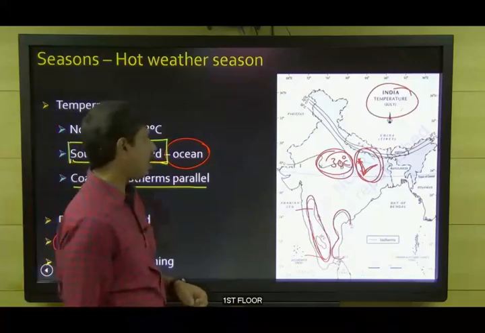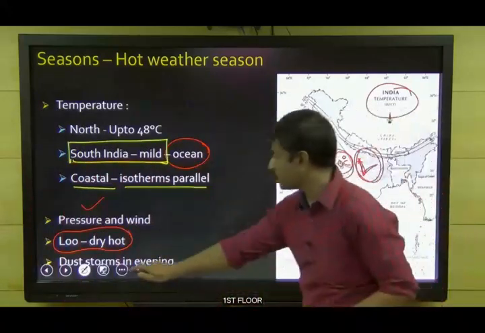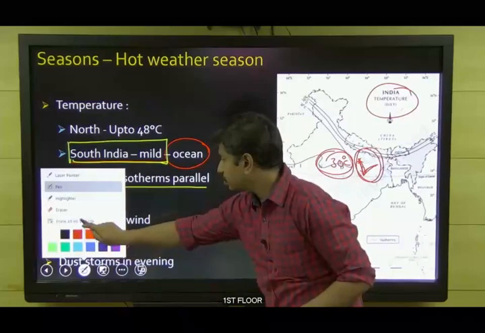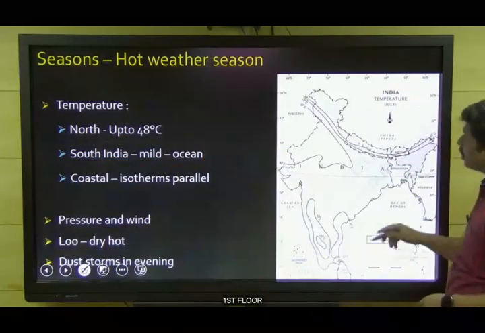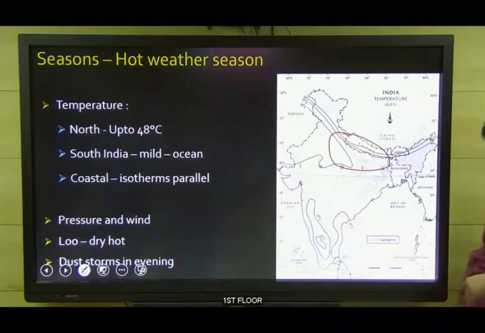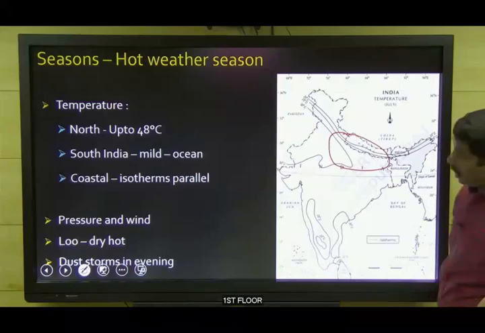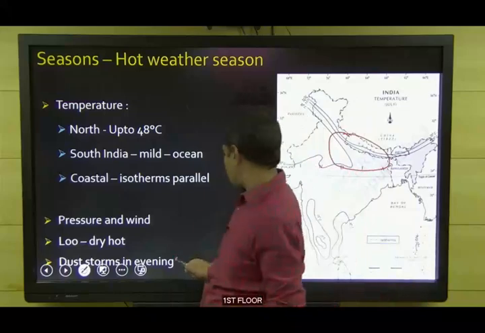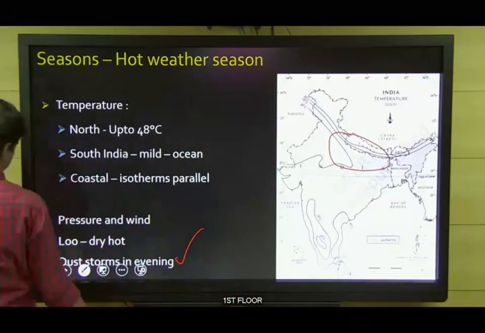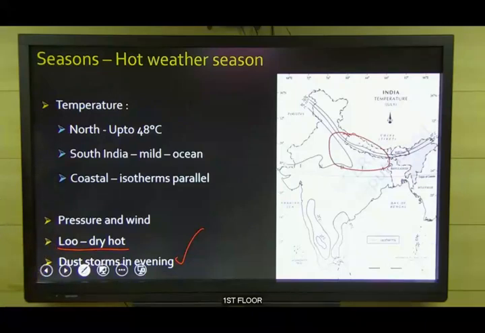It is a dry, hot wind blowing in the northern India during the summer season. In the UP Bihar region, Lu is the dry, hot wind which will be blowing, and it can create dust storms in the evening. These are the characteristics of summer season in India.